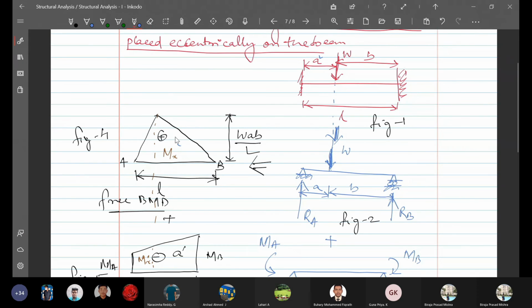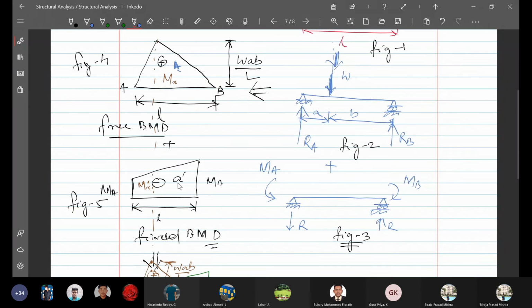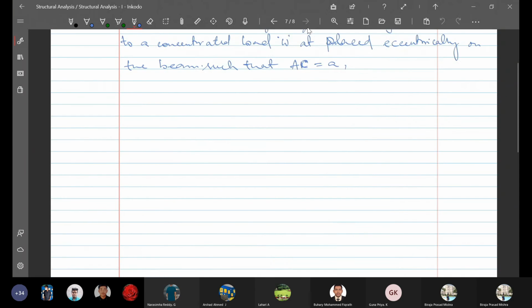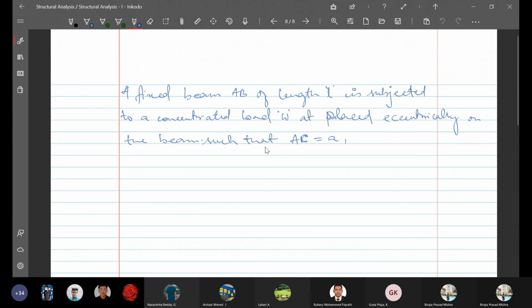I'm writing the area as capital A, and the area of the fixed bending moment diagram as A dash. So, placed eccentrically on the beam such that AC equals A and CB equals B.